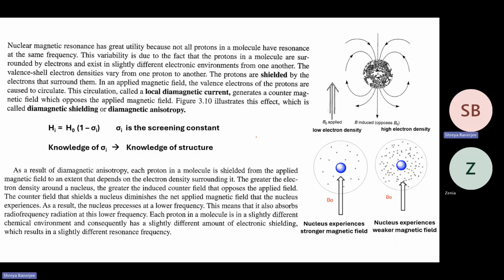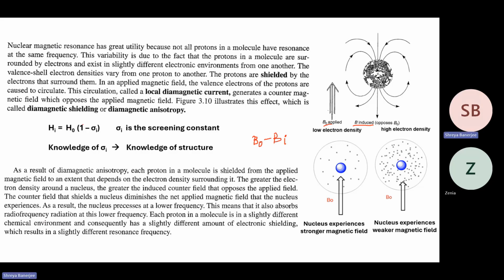So the nucleus will experience a net magnetic field of B0 minus Bi, because it is experiencing B0 in the upwards direction, and B induced, I'm calling it Bi, in the downwards direction. This will be the net magnetic field experienced by the nucleus. You can also write it as H0 and Hi.